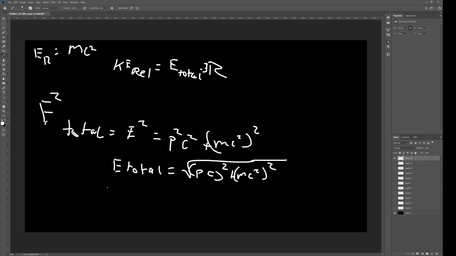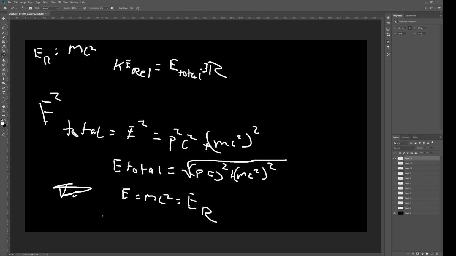What this equation tells us is that if at rest, or if v is a very small number compared to c, then E is equal to mc squared, which is just E_R.